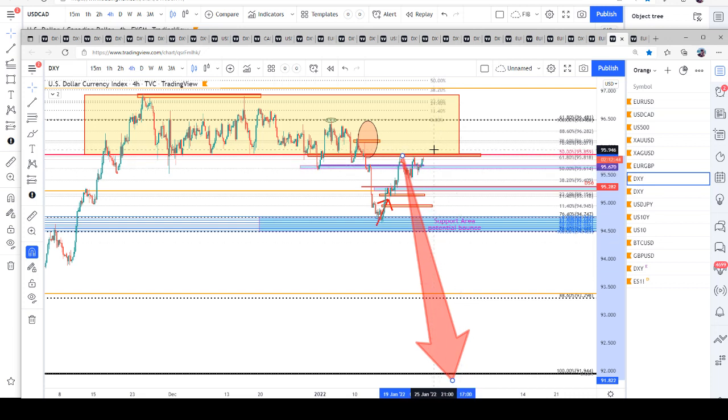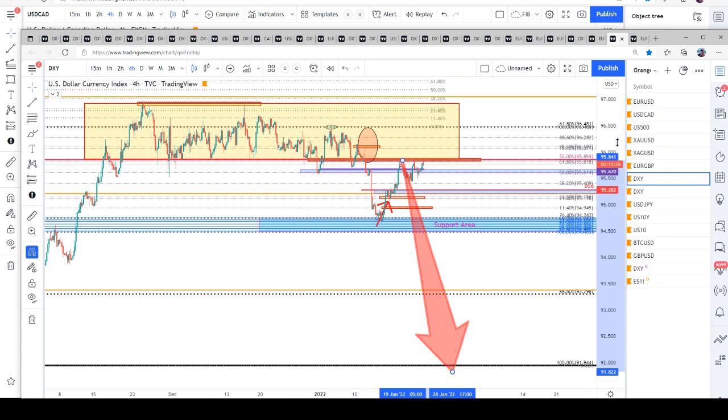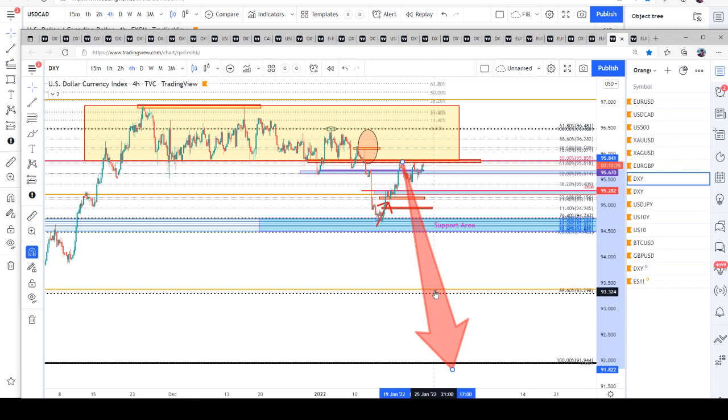I am still thinking that on an open or anything, we could just spike a little bit like we had here, touch those levels here and come back lower. But this area should hold and should provide a continuation on the downside. That is what we see technically.